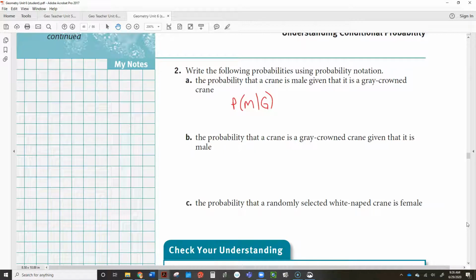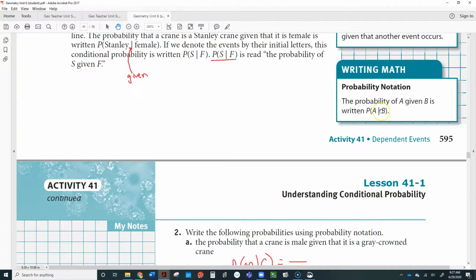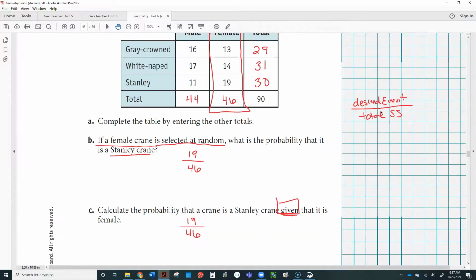Now, they don't ask us to actually find it, but we could. That's probably part of the lesson that's going to be a little bit later. But what we would do here, given that it's gray-crowned, we would look at the total number of gray-crowned cranes that we have.